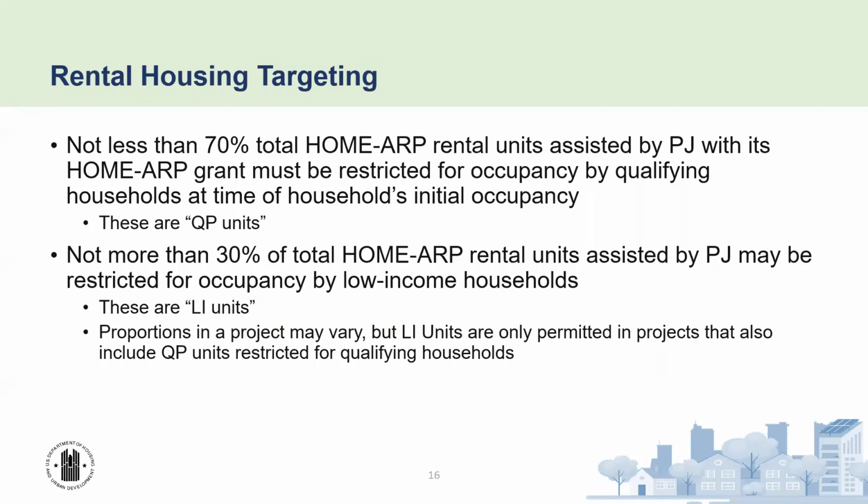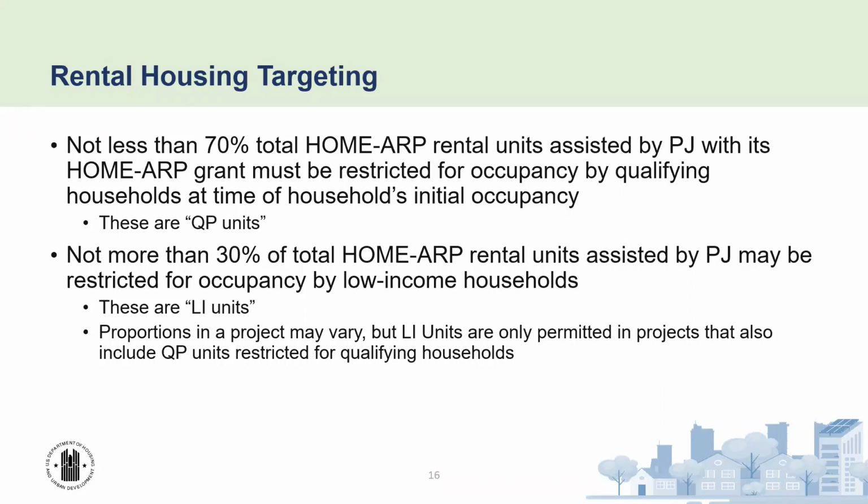As Ginny mentioned during the prior webinar on Monday, the ARP statute requires HOME-ARP activities to primarily benefit households in the qualifying population. For the purpose of HOME-ARP rental housing, we've defined primarily benefit to mean that no less than 70% of the total number of rental units a PJ assists with HOME-ARP funds must be restricted for occupancy by households that are qualifying households at initial occupancy.